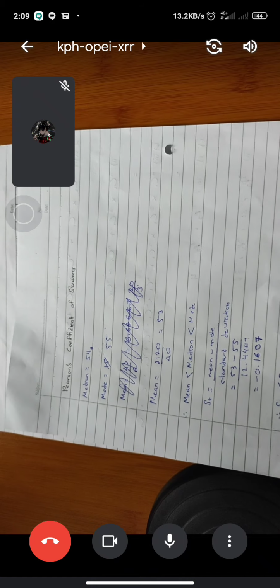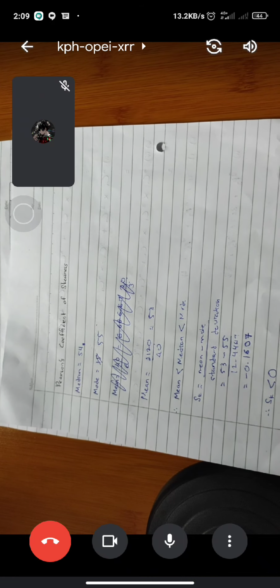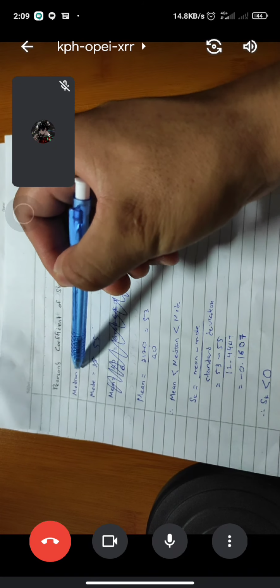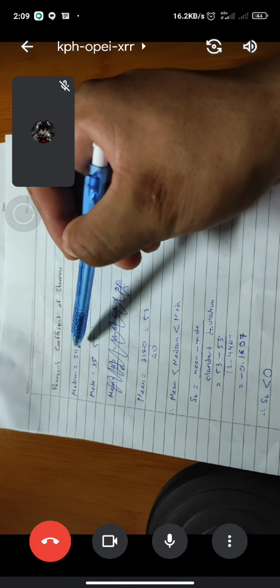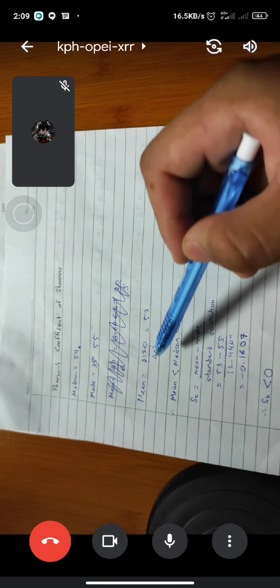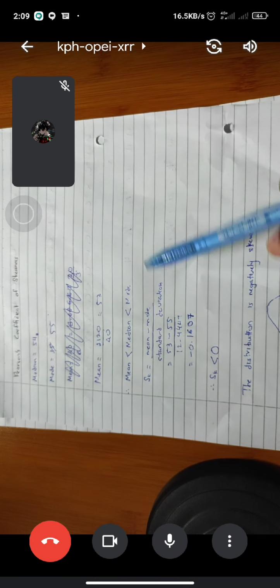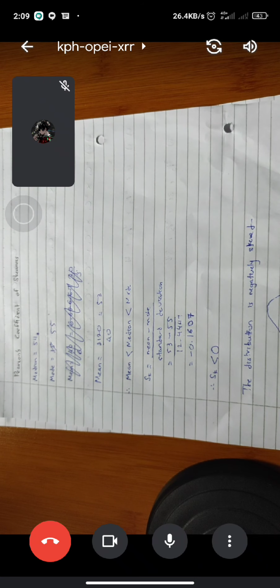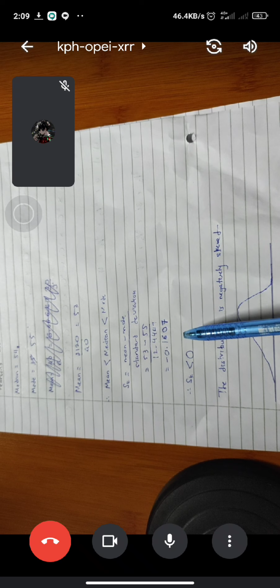How to determine it? First, from the previous, we found out that 54 is the median, 55 is the mode, mean is 53. So we can conclude that mode is bigger than median and median is bigger than mean. Then we find the Pearson coefficient, which is Sk equal to mean minus mode over standard deviation.